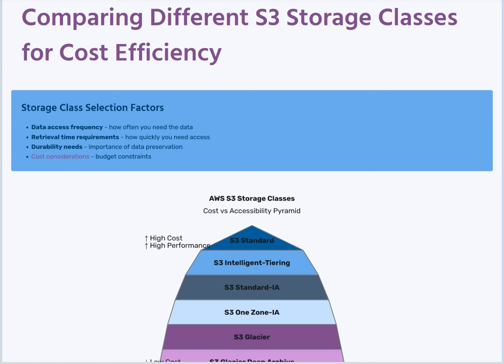The first thing is data access frequency, how often you need the data. The second is retrieval time, how quickly you need to access it. Then durability need, how important data protection is, and cost consideration, your budget constraint.